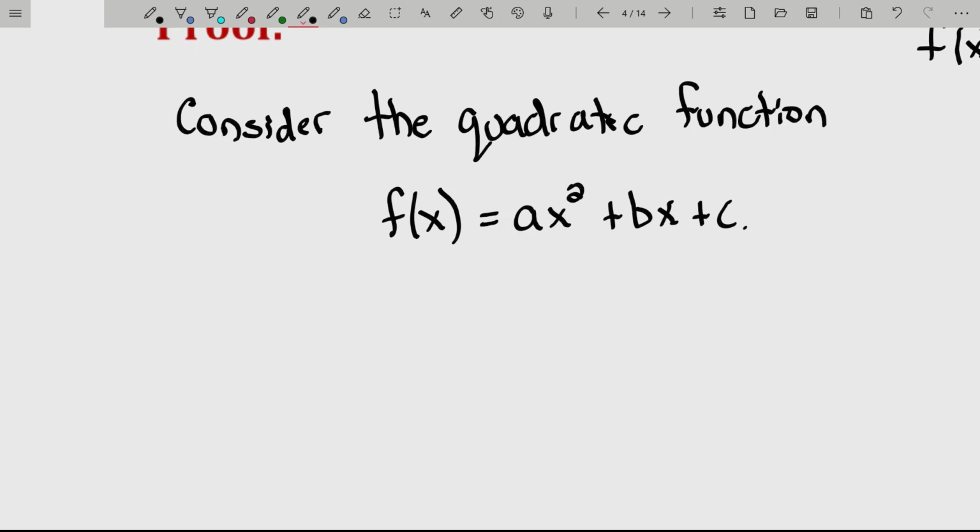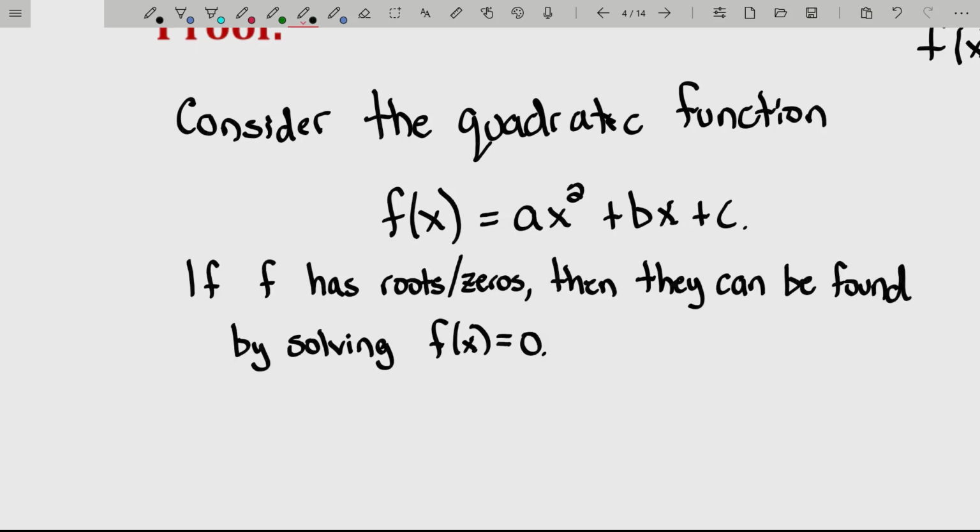Now, if you're going to search for, let's say, its x-intercepts, you're going to set that equal to 0. That is, if f has roots or zeros, then they can be found by solving f of x equals 0. I say if here because some parabolas just don't have real roots or zeros.